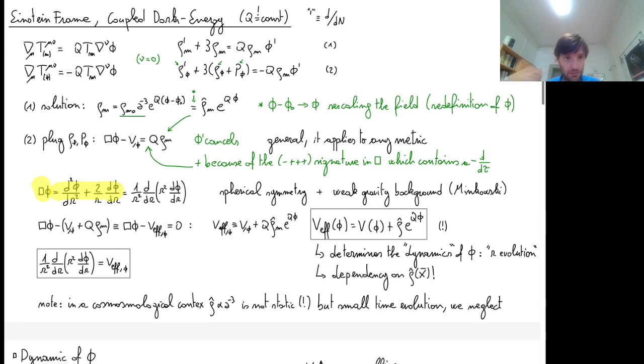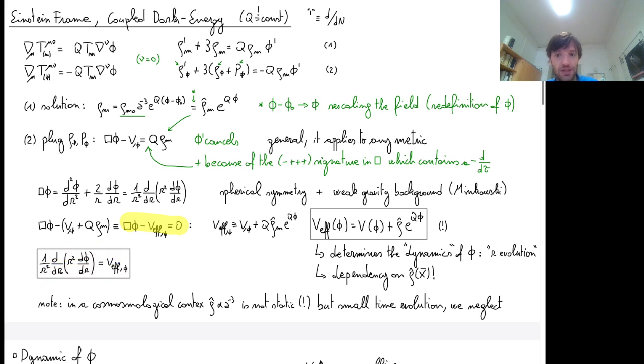With a little bit of mathematical reshuffling, this expression can be written in a more compact way like that. To convince yourself that the two are the same, do it the other way around: just apply the derivative to this and you will find the other expression. Nothing more complicated than that. With that, we have our Klein-Gordon equation expressed in spherical coordinates, assuming a weak gravity background.